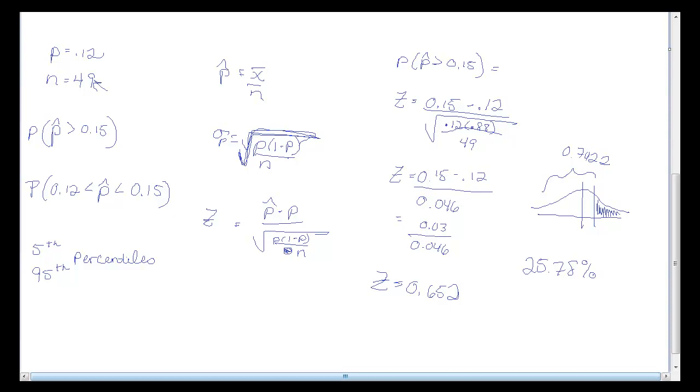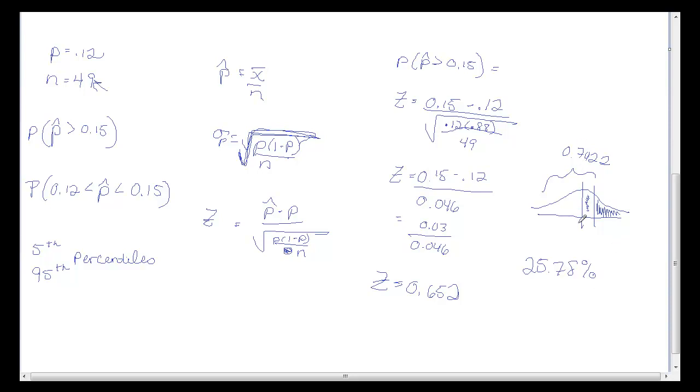The next thing that I need to calculate is the probability between 12% and 15%. So we have our z-score for our 15%. Now all we need to do is calculate this area right here. I know that the 0.12 is my mean, so I'm just going to subtract 50 from this number.